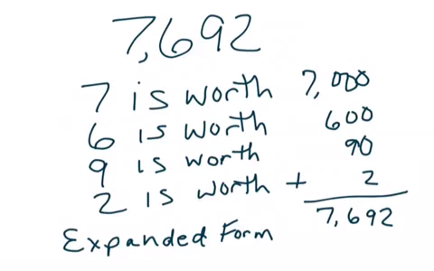So the 7 in that number is worth 7,000. The 6 is worth 600. The 9 is worth 90, and the 2 is worth 2 because it's in the ones. And if I added that together over there on the right, then you're going to see I'm back at 7,692. That's expanded form when I do it that way. Make sure you have that written in your notes. It's a really good term for you to know. And again, I could also write that vertically if I wanted to.